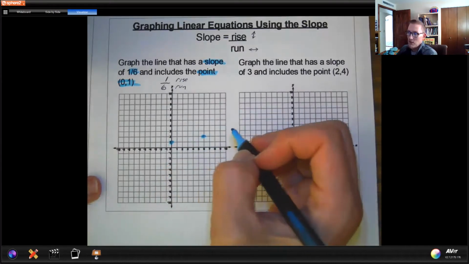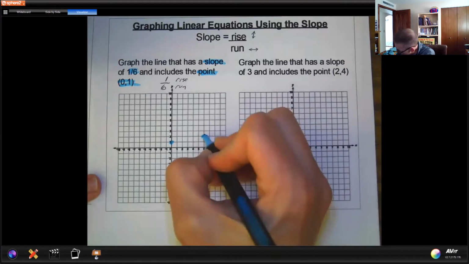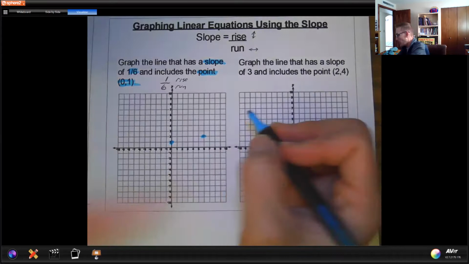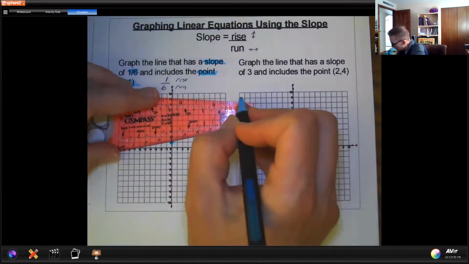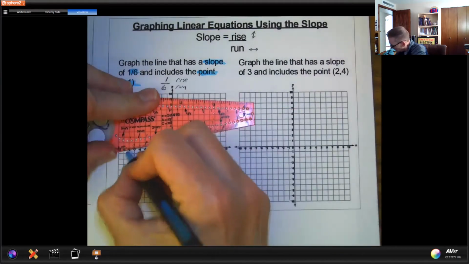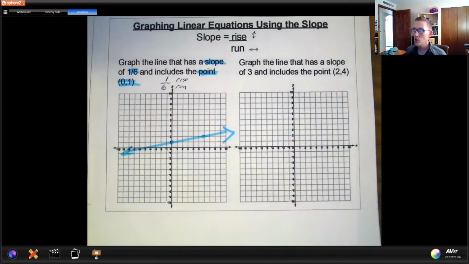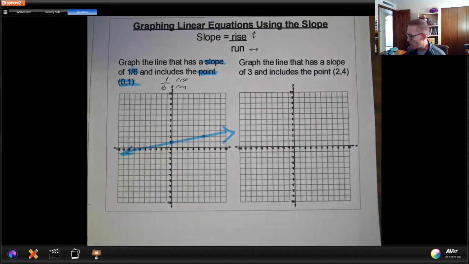I'm going to do this as many times as I can fit. Now the problem is if I go up and to the right, I run out of space. So I am just going to draw a line through those 2 points. So the line that has the 2 clues, a point of 0, 1, and a slope of 1/6 would look like this. And again, all I did was plot the point and then use the slope to get more.